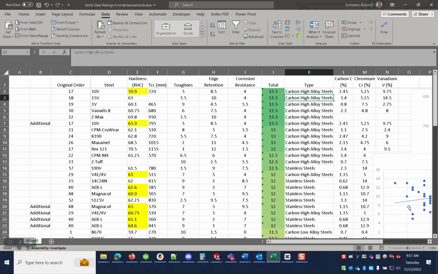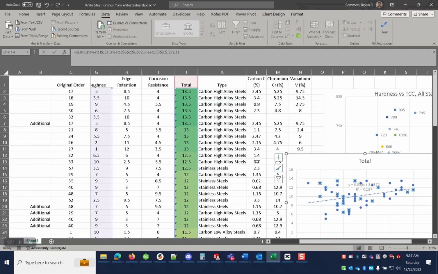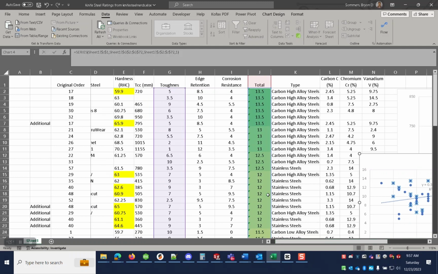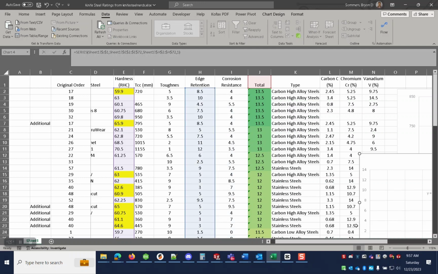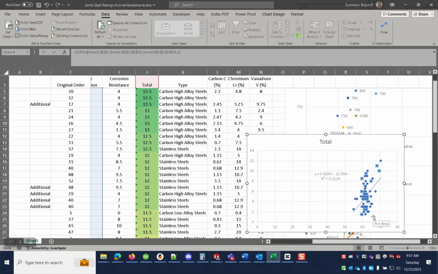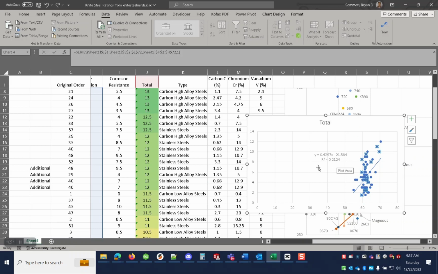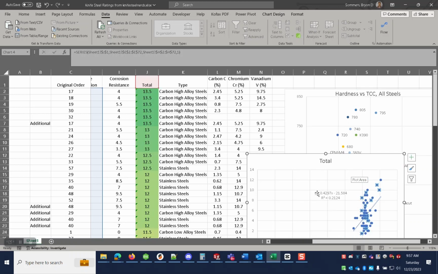Oh, did we prove that? Did I prove that? I ran this. We go to, I think we did not, right? Hardness against edge retention. Yeah, it was a weak relationship.